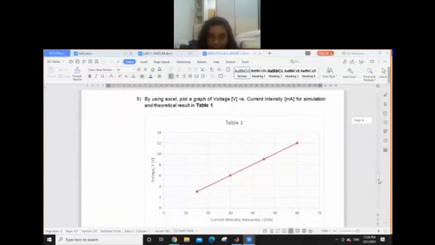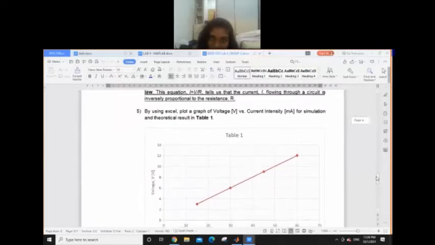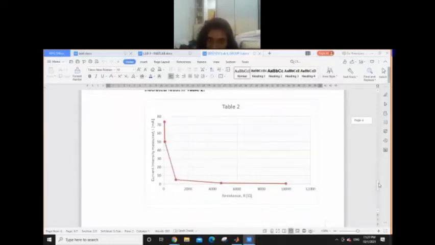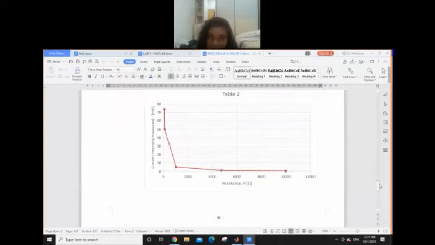You can see the graph. This is current, this is voltage. It's increasing, which is directly proportional, while this is resistance, this is current intensity, which is decreasing linearly, so it's inversely proportional. So this is what we got from the lab.